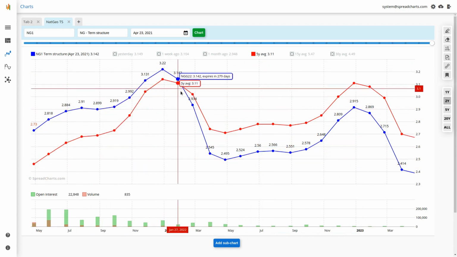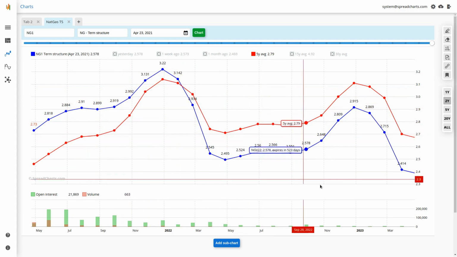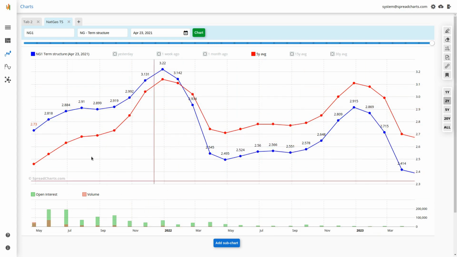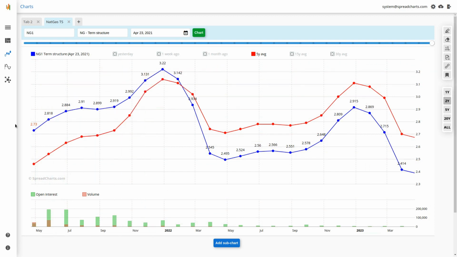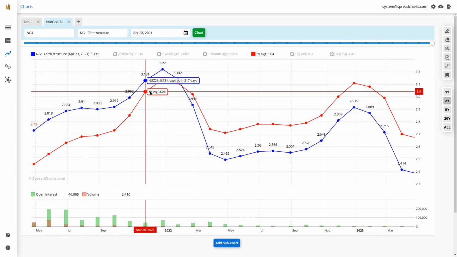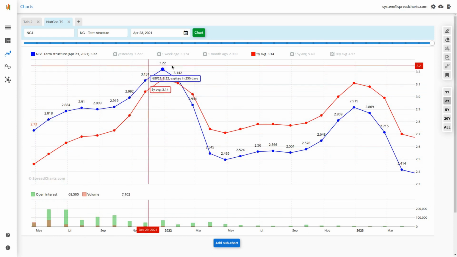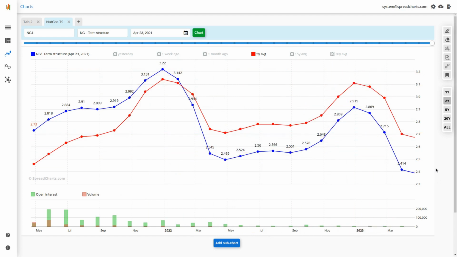The red one is the 5-year average curve at this time of the year. And we can see an interesting fact, because the near end of the curve right now, the blue curve, is above the historical average, which means it's more expensive, while the back end of the curve is cheaper.